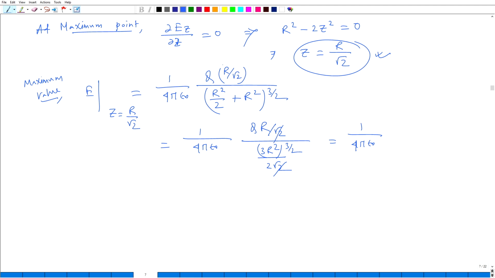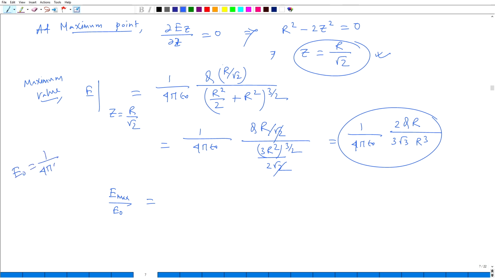So this root 2 cancels, and it becomes 2 q r over 3 root 3 r cube. This is the maximum value, and we divide it by E naught, where E naught is 1 over 4 pi epsilon naught q over r square.